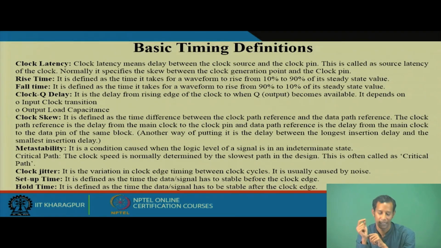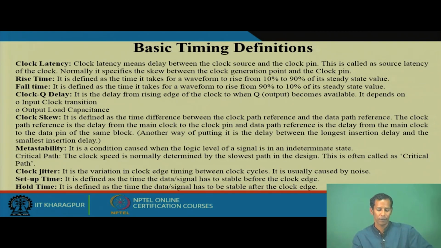That is why this creates clock jitter, and as I said, the clock is the major component in digital circuits. So, you have to be more careful and cautious while you are designing with the clock in the design.